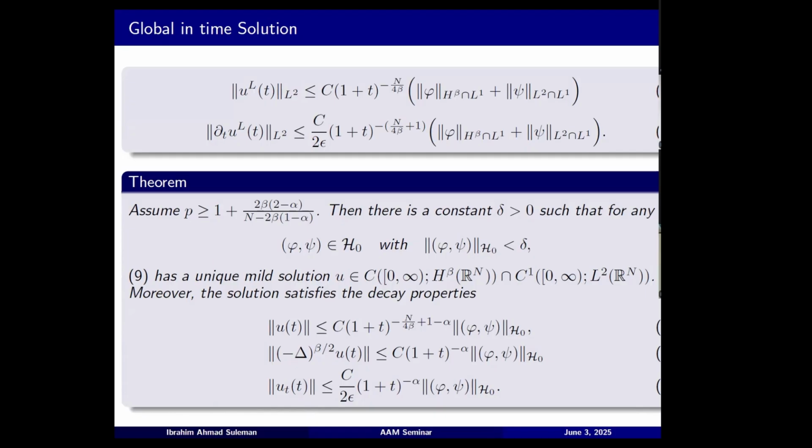We see that if our exponent of nonlinearity p is greater than or equals this value, and if the initial data is small enough in the sense that we have some delta greater than 0, such that the initial data in the product space of the chosen function spaces for phi and psi is small enough. And here we also require L1 for the small enough. We need some decay for niceties. Then we have a unique mild solution up to infinity.